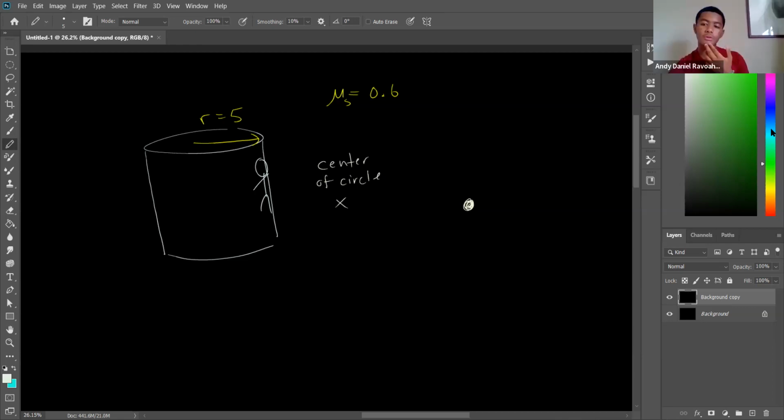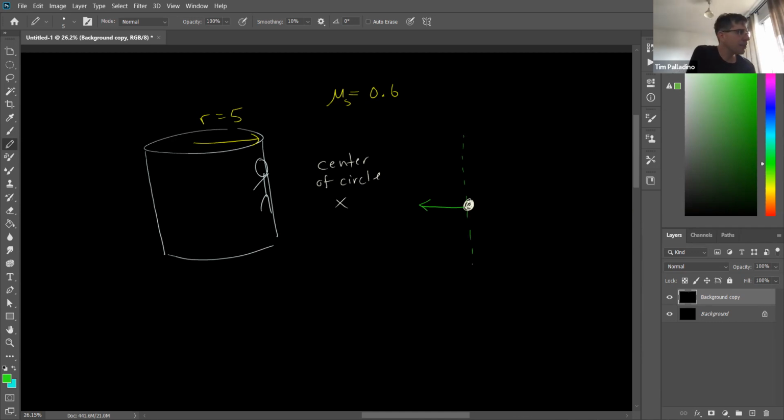Would there be normal force from the cylinder? Yeah, very good. There's going to be a few forces, and one of those is the force between the wall and the person. This is the vertical direction right here. What's basically happening is the wall provides the centripetal force, causing the person to keep moving in a circular motion.